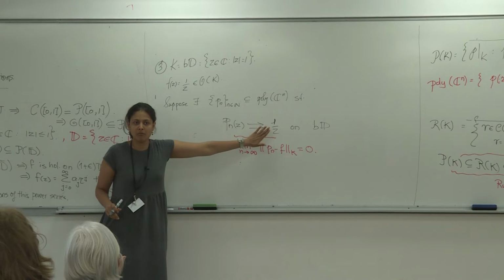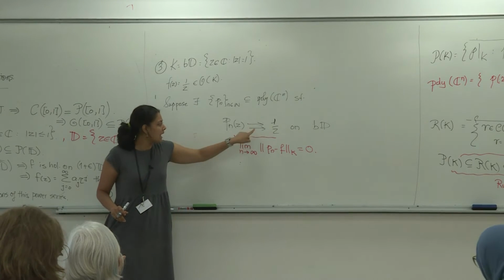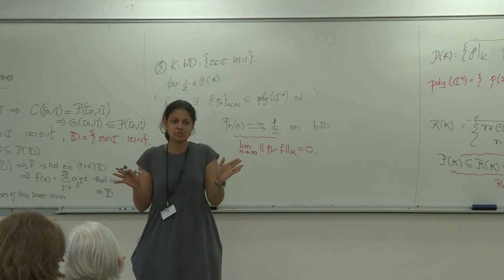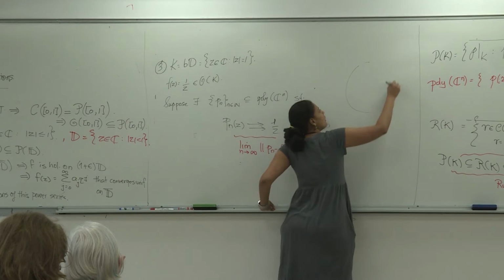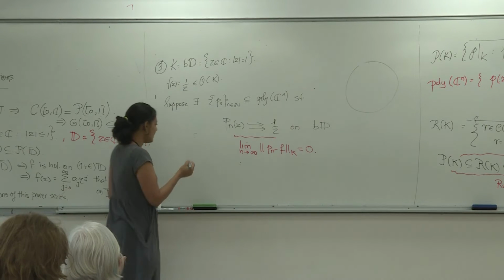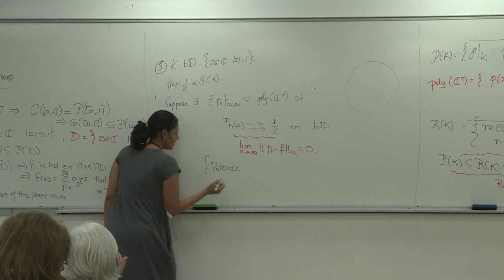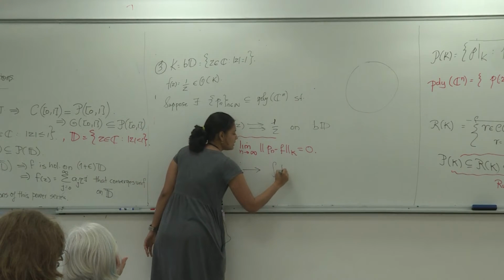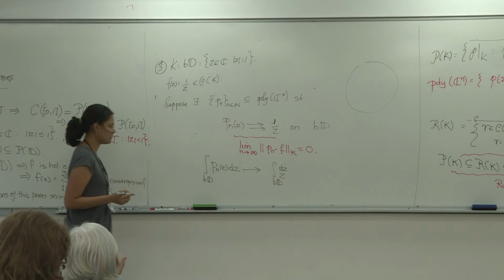Suppose we did have polynomial approximability of this function. Now, the great thing about uniform convergence is that it behaves very well with respect to integration. So I'm going to integrate both sides on the set K. This is on the boundary, so I'm integrating with respect to dz.